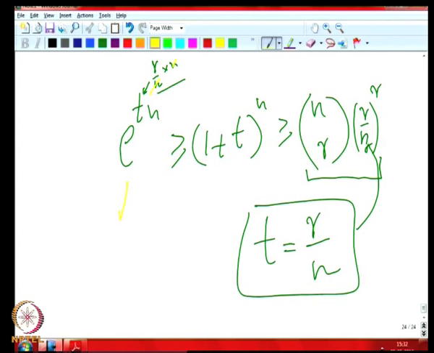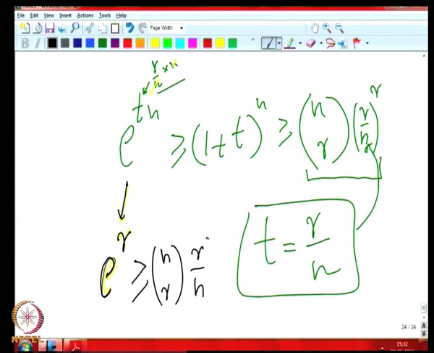So this will turn out to be e to the power r, which is what is coming from here, and it is greater than or equal to n choose r into (r by n) whole power r, discarding the rest. Now we can bring this to this side.